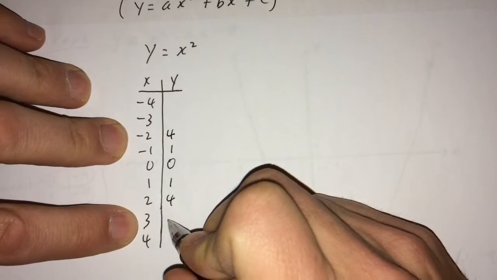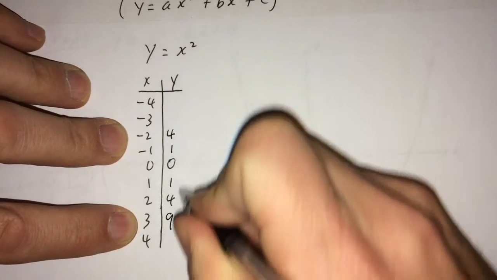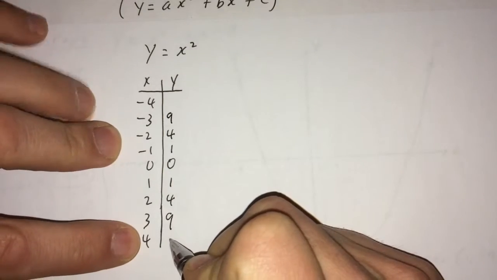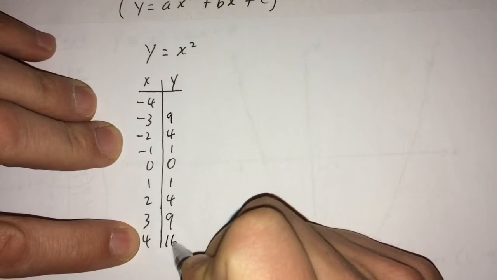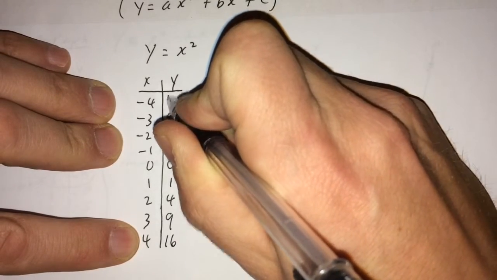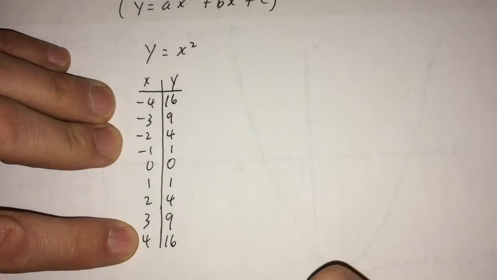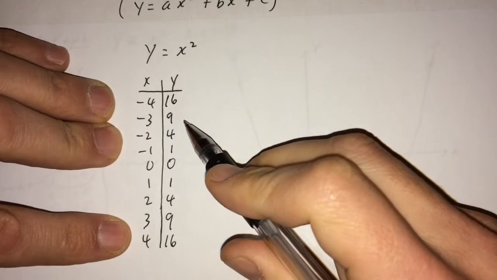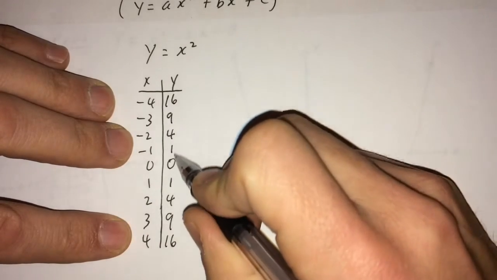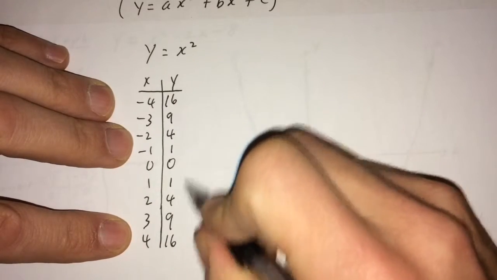When we square 3, we get 9. -3 squared, also 9. 4 squared, 16. -4 squared, so -4 times -4, also 16. So we have some symmetry in this table of values here. Okay, so basically on either side of 0, it's the same y value.